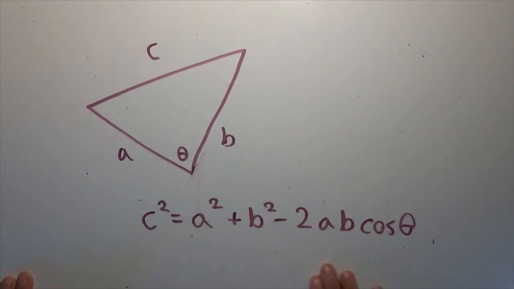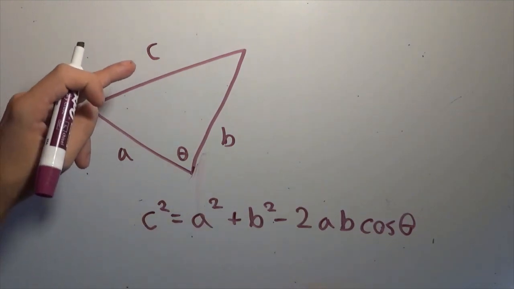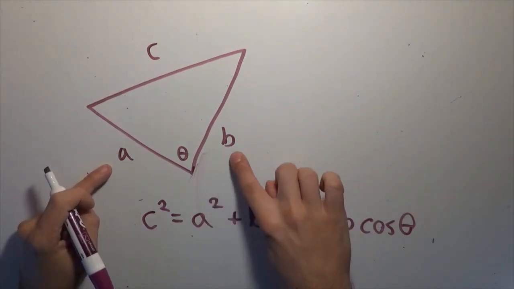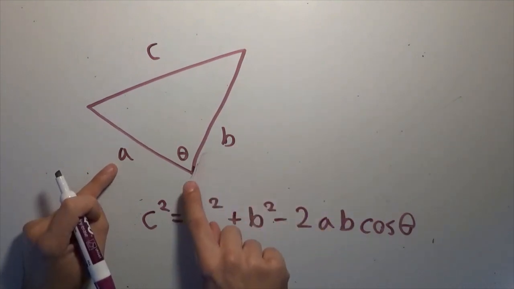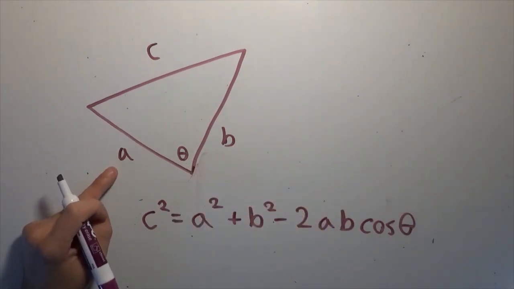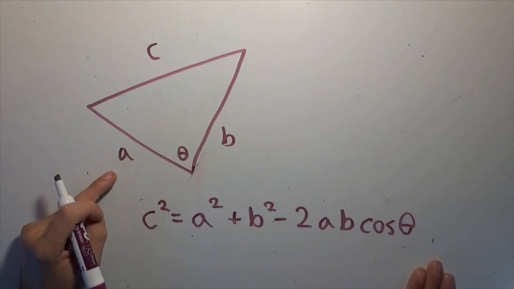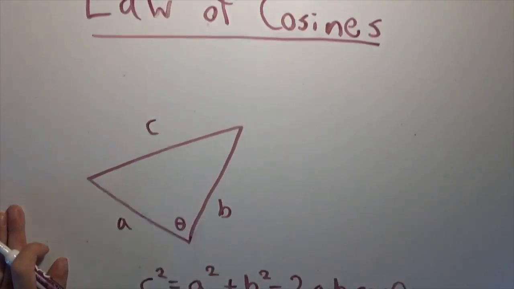Okay, this is the law of cosines. So this number squared is equal to this number squared plus this number squared minus 2 times A times B times the cosine of theta. Alright, so this may seem a bit out of left field, but we're going to prove it today.